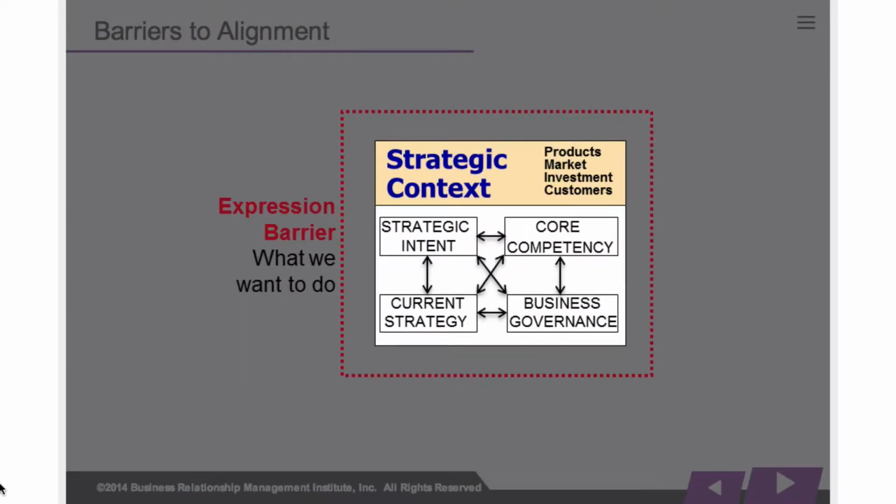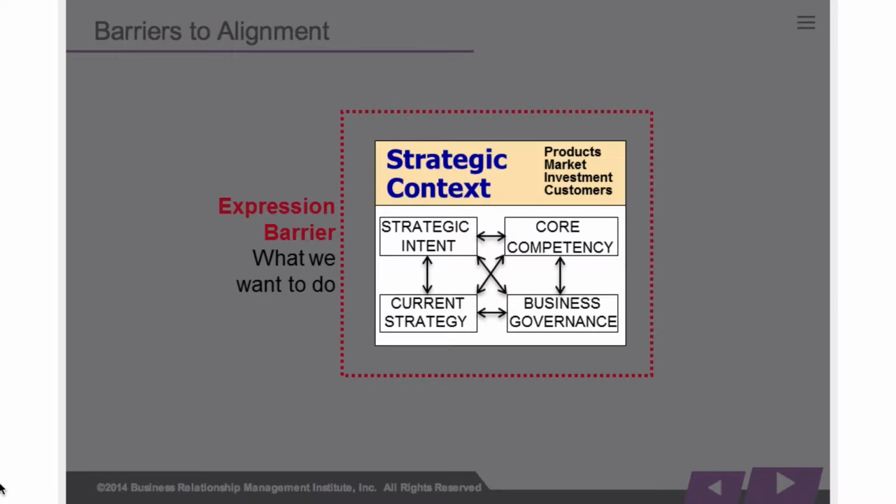The expression barrier refers to the lack of clarity of the business strategy. This can mean a poorly defined strategy, such as increased domestic sales. Well, that's probably a good idea, but it's not at all helpful in providing direction to IT. The result is usually that IT does its own thing and devises a strategy for IT in isolation.